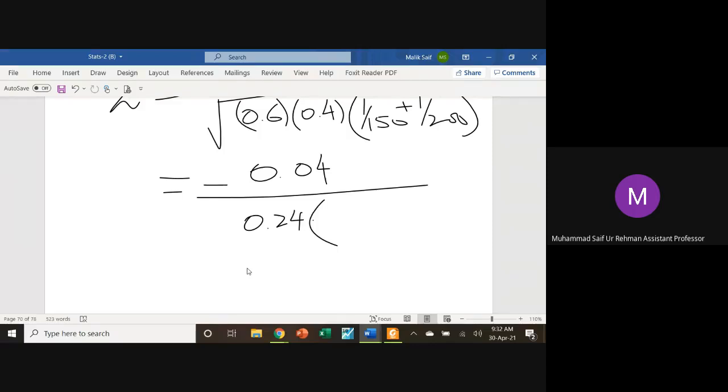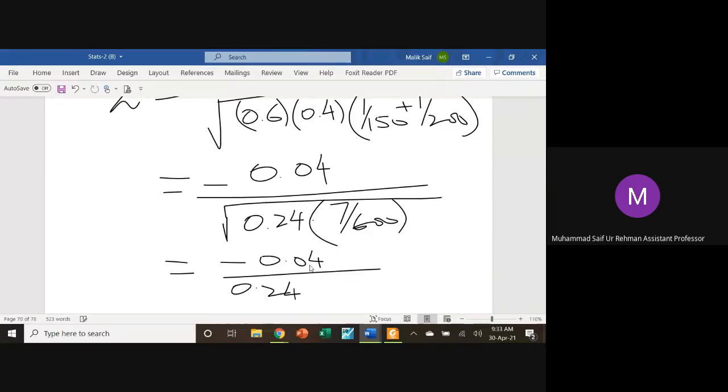It is 7 by 600, which is 0.0116. Multiply this with 0.24 and then take the square root of this answer.